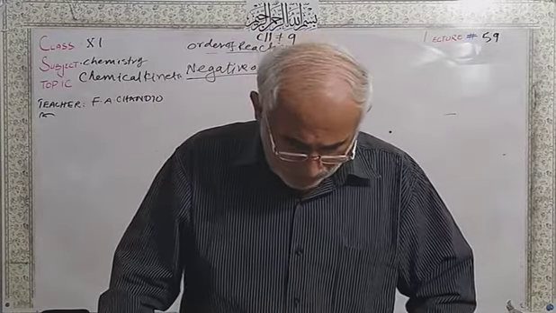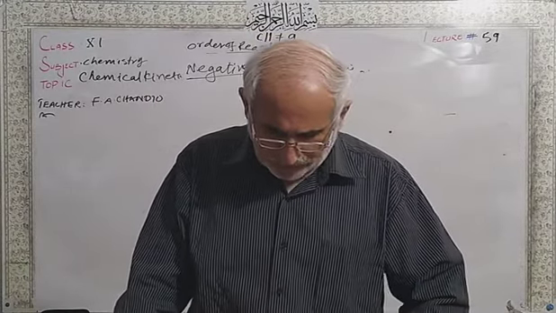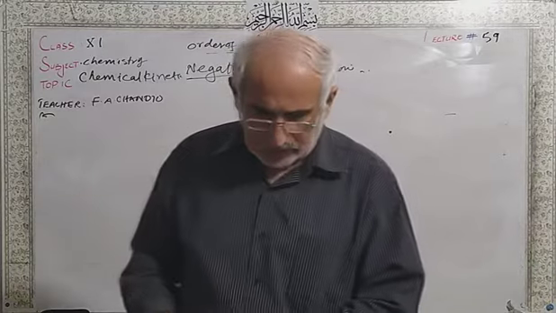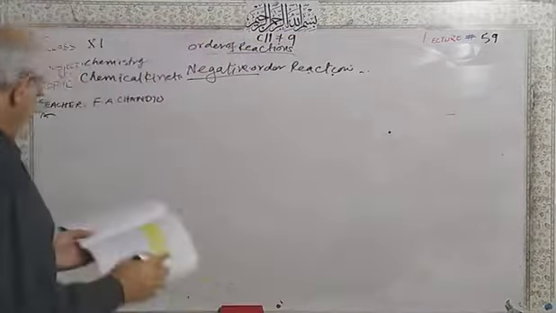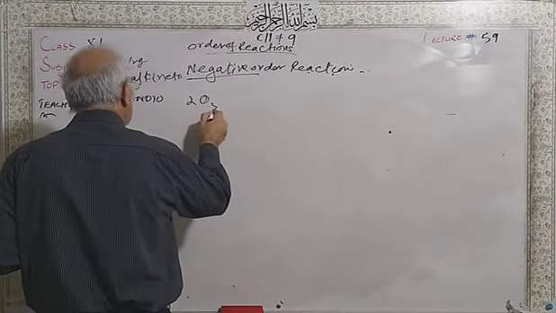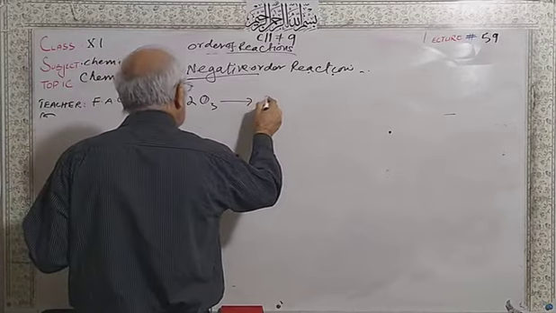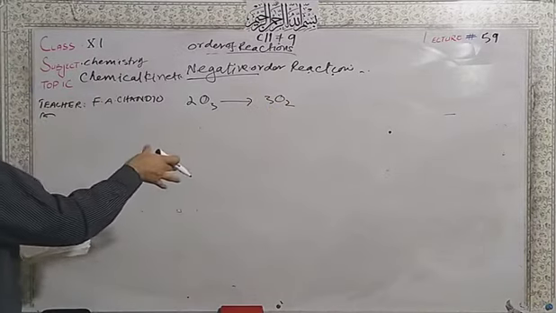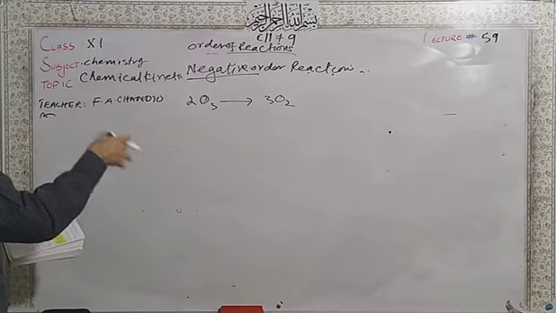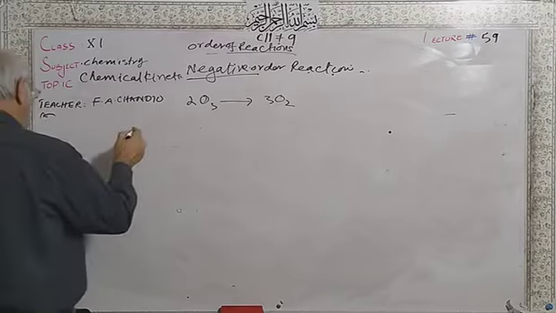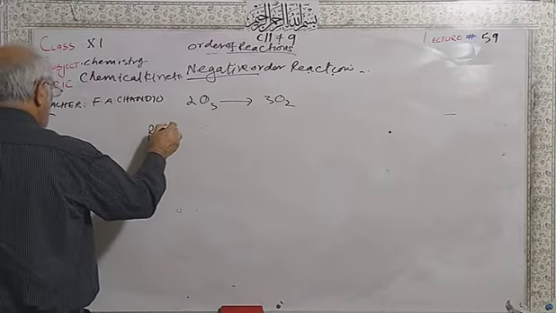The reaction for which the sum of the exponents of the rate of reaction is negative is called a negative order reaction. So here 2 moles of ozone change into 3 moles of oxygen. This is the only reaction order where you can see the participation of the product. Otherwise we have no participation of the products.